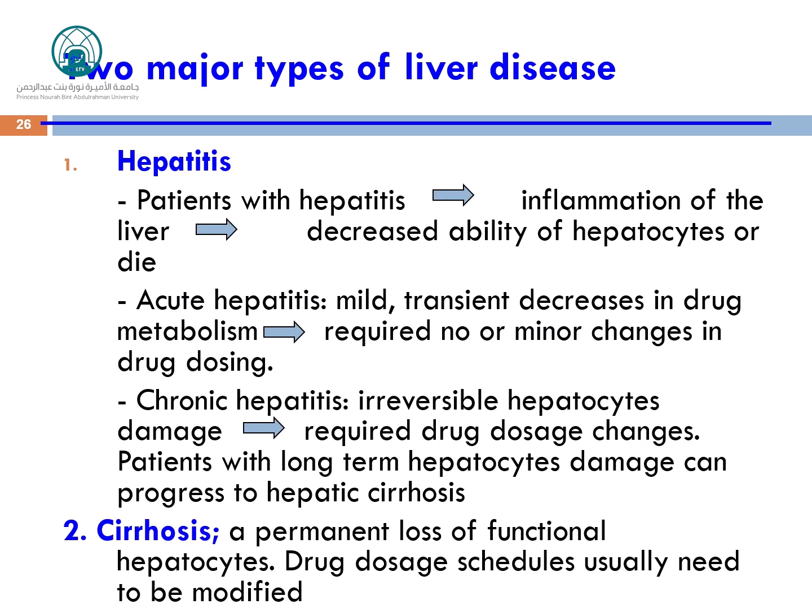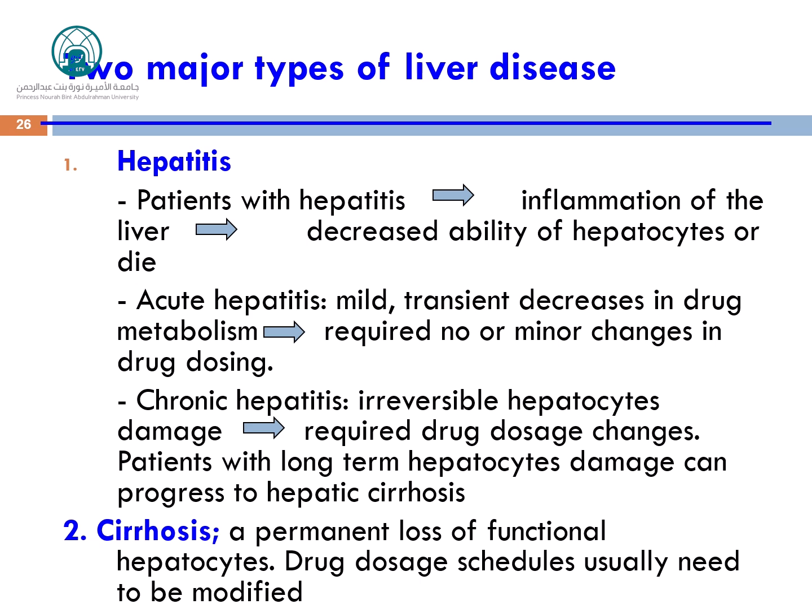We have two major types of liver diseases. Do you remember how we classify renal dysfunction into different 5 stages, ending up with kidney transplantation? Concerning liver diseases, we have hepatitis and cirrhosis.